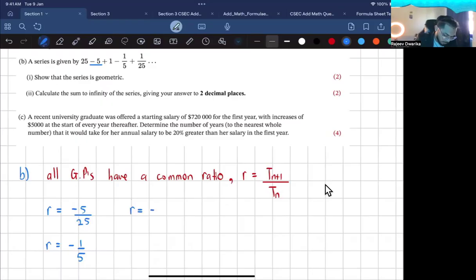Tell me a pair of two other terms. Minus 1/5 divided by 1. What are we equal to? Minus 1/5. Right? Let me try another one just to be safe. Aliyah, give me a pair of consecutive terms that I didn't use as yet to divide.